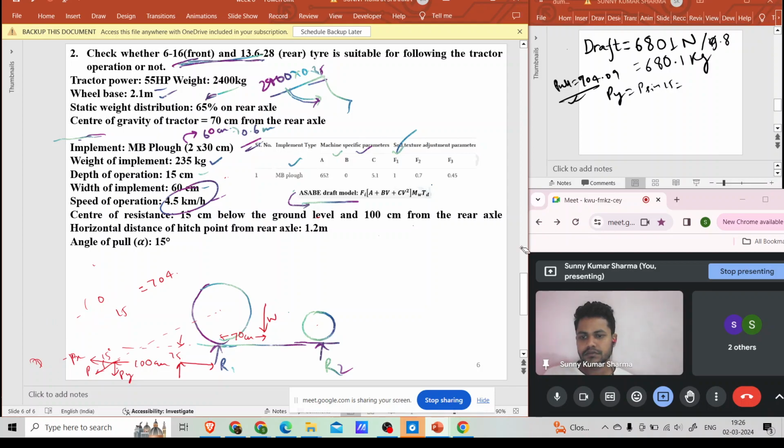Approximately 183. What value did you get? Plus 183 kg.